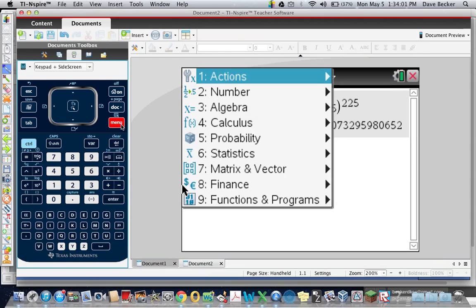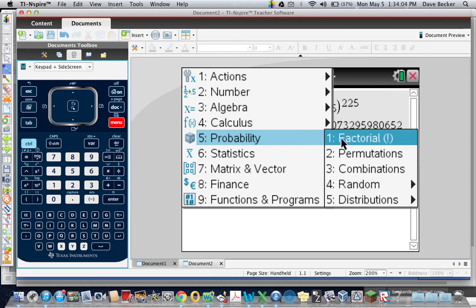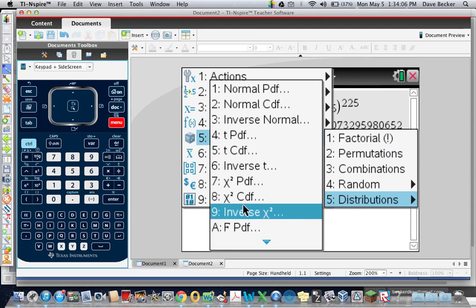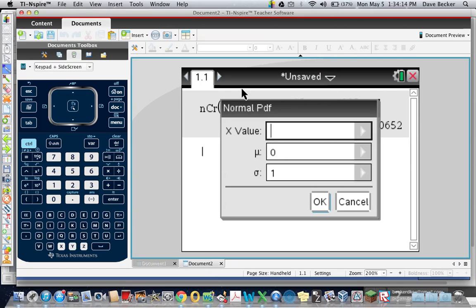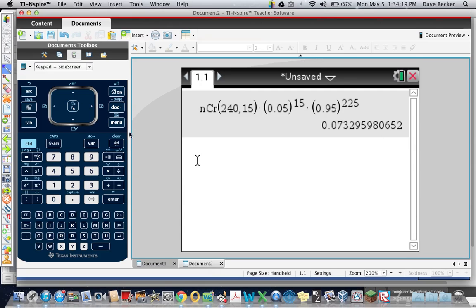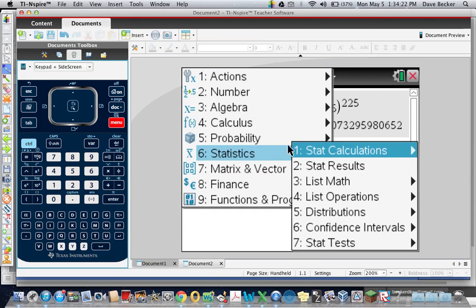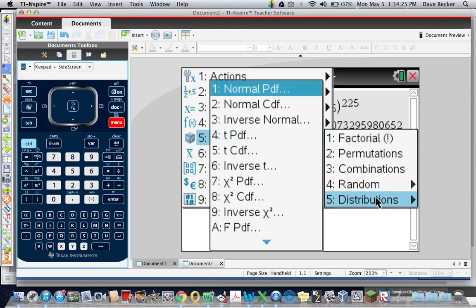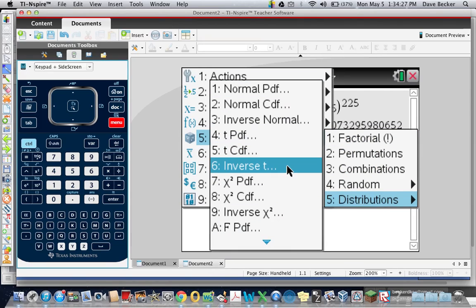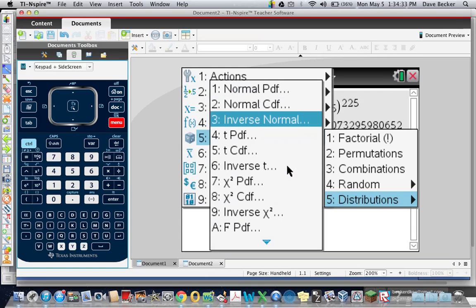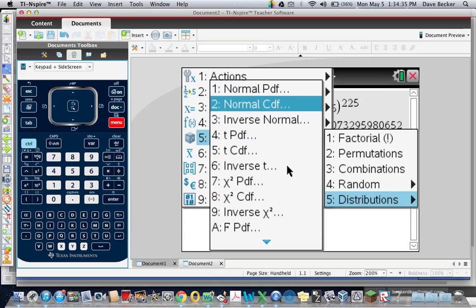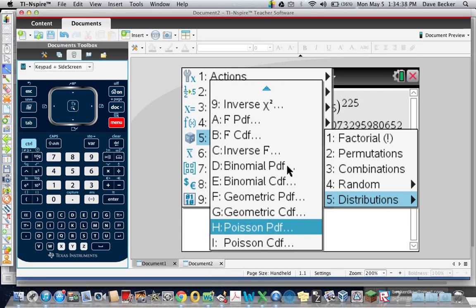Or we could just go, this is probably the easier way, probability, distribution, it is binomial, and it is a specific value. Menu, probability, distribution, binomial.